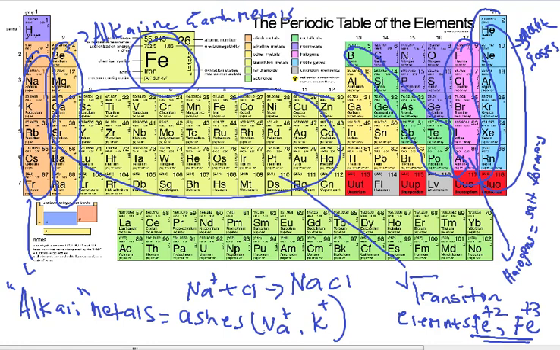In other words, if you have sodium oxide, for example, the sodium oxide reacts with water and gives you an alkaline or basic solution, which is sodium hydroxide. That's one of the differences between a metallic oxide and a non-metallic oxide.